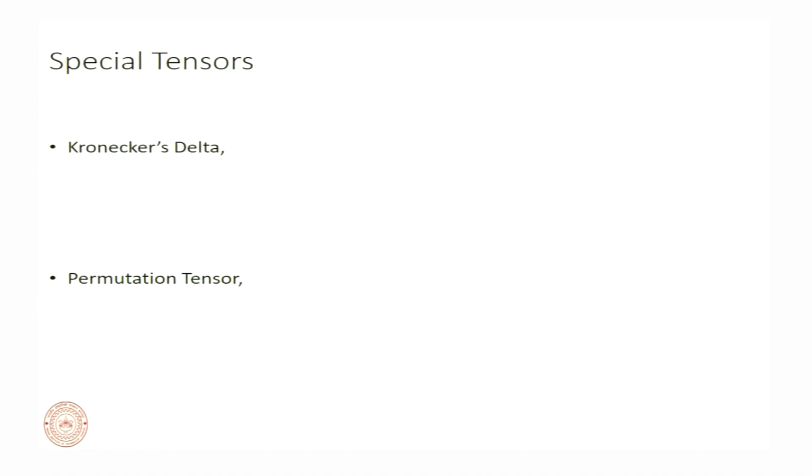Some special tensors. The first is the Kronecker delta. The Kronecker delta tensor is the identity tensor, given by delta_ij. It is equal to 1 if i equals j, and 0 if i does not equal j.